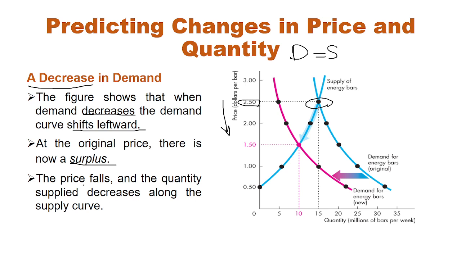So the price falls and the quantity supplied decreases along the supply curve. And the new quantity is identified by where the new demand curve meets the original supply curve.